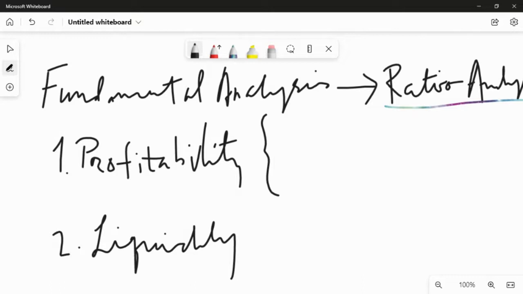But in each category, I'm going to look into only the major 2. In profitability, maybe at least 3. But first, something we already know: return on assets and return on equity.